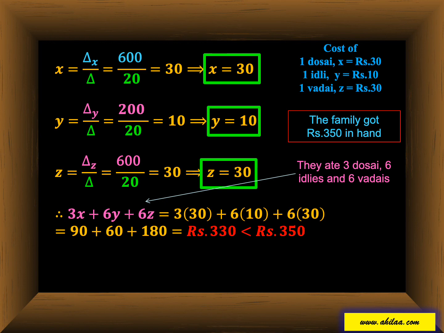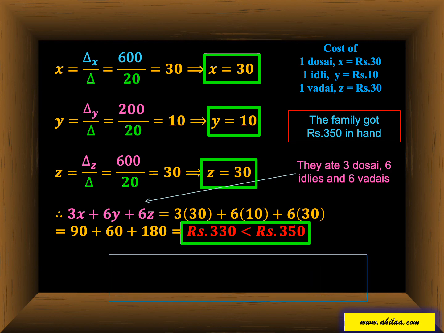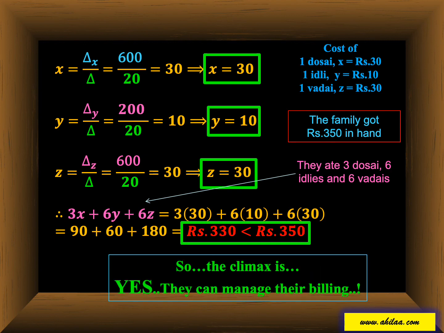So, we are getting 330. Now, rupees 330 is less than rupees 350. Is it? So, what is the climax? The climax is, yes, they can manage their billing and they can eat happily. Understood? Good.